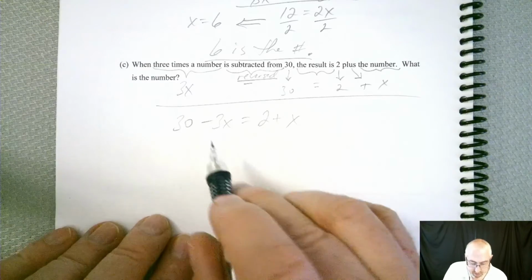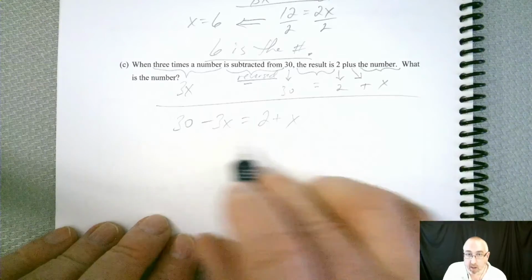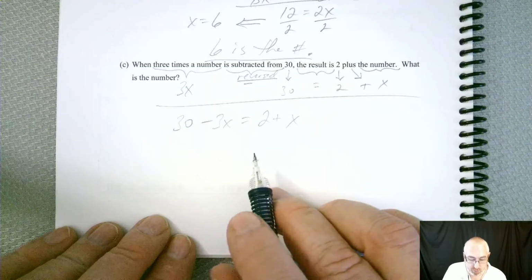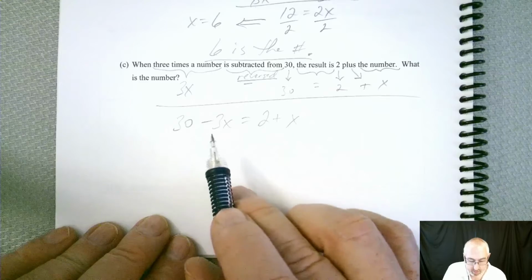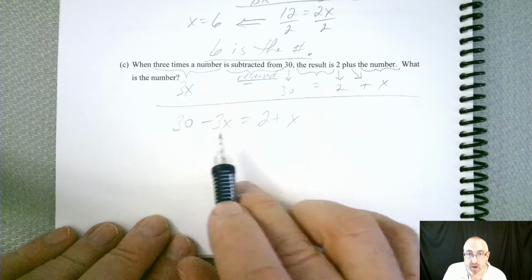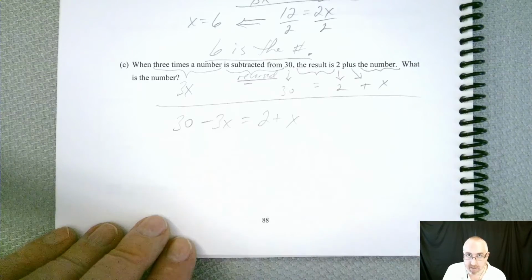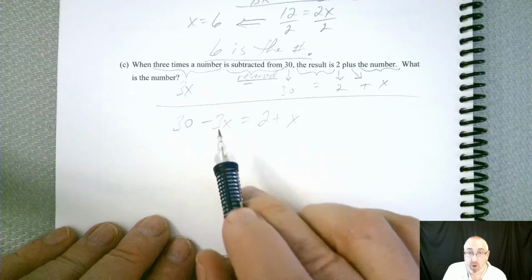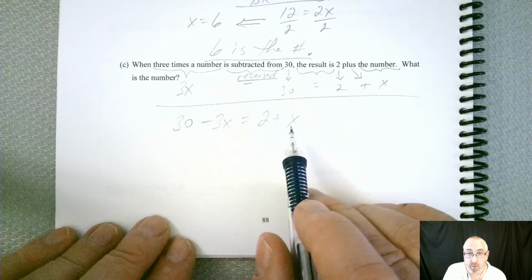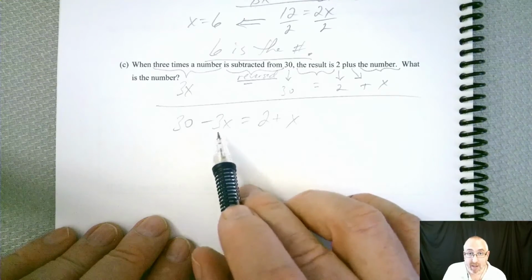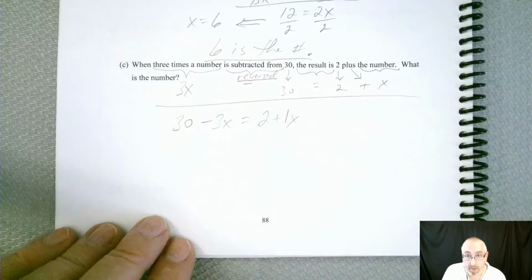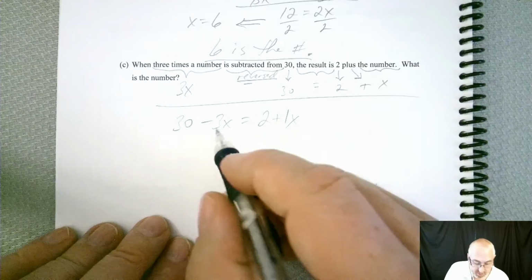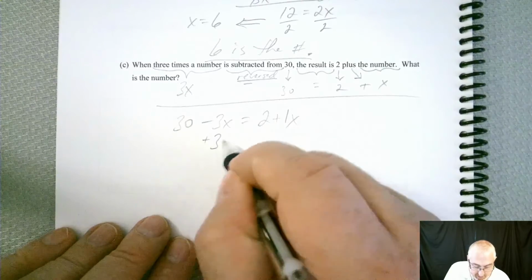Let's solve it. Now, we have a lot of choices from which we can pick a way to get this ball rolling. Now, usually we like to start with the variables versus the numbers. It doesn't really matter though. And we also like to start with the smaller of the two. Now, technically, -3 is smaller than +1. So I'm going to move this minus 3x by adding 3x.